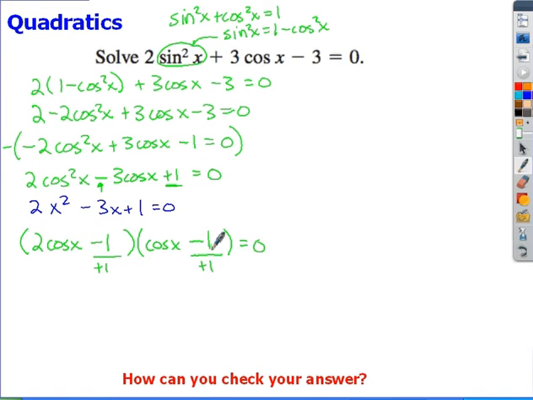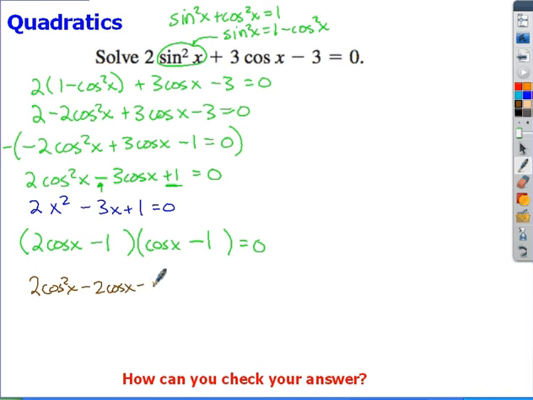Just to do a quick double check, I'm going to erase this for a second. In case you're ever not sure, actually even if you are sure, it's worth double checking. Let's see if we actually got this correct. I multiply the first term by the first term, I get 2 cos squared x. First term times last term, negative 2 cos x.